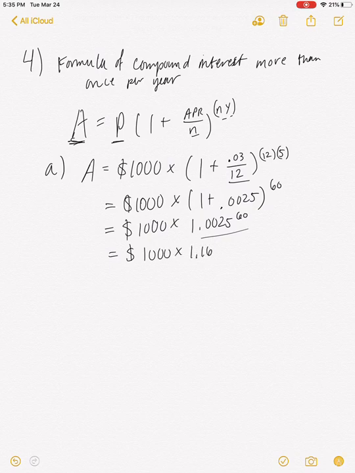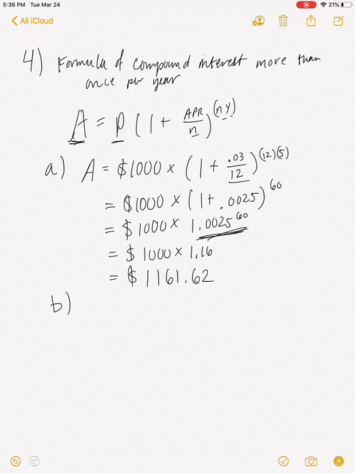Okay, and then we multiply that by 1,000. In our calculators, we still have this expression, which is about 1.16, we multiply that by 1,000, and we get a total of $1,161.62. Okay. Notice that that was an interest over the 5 years of $161.